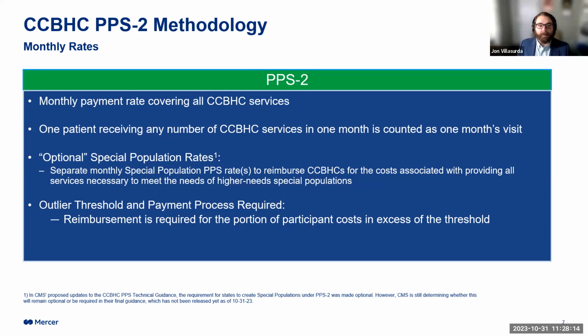And more to come on that as we'll get into that a little bit more later in the presentation. And then finally, one of the things not on here, but that Liz mentioned, is that the PPS-2 also does require the quality bonus payment process, which has select quality measures that must be achieved before any payments can be distributed under that quality bonus payment methodology.